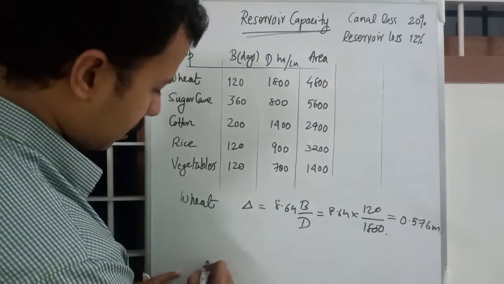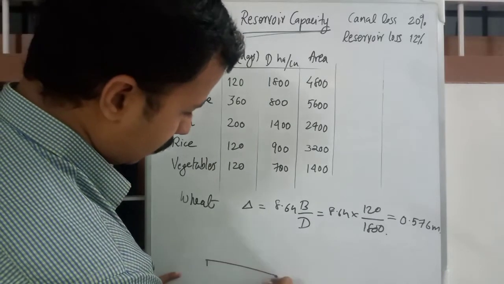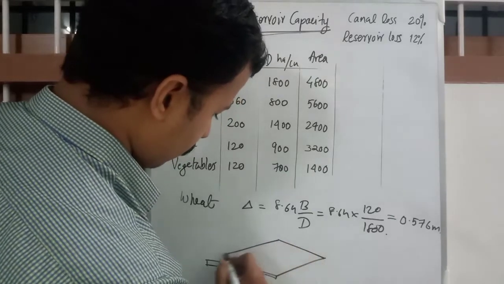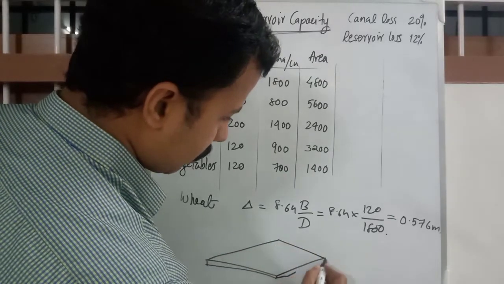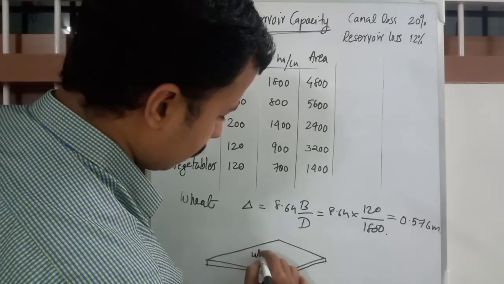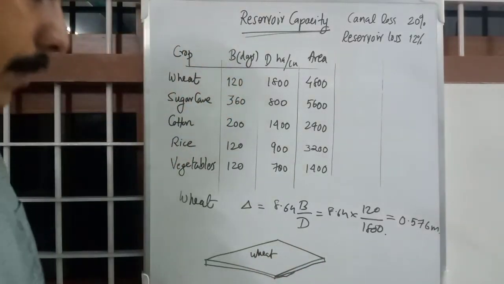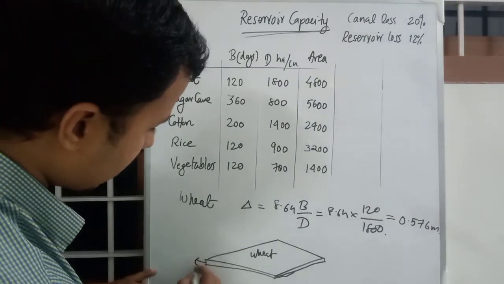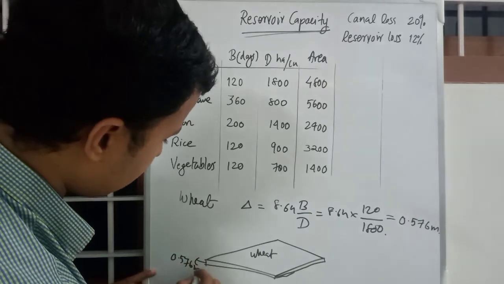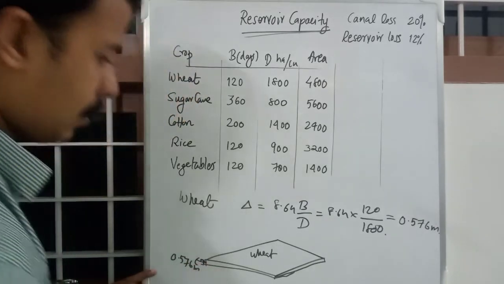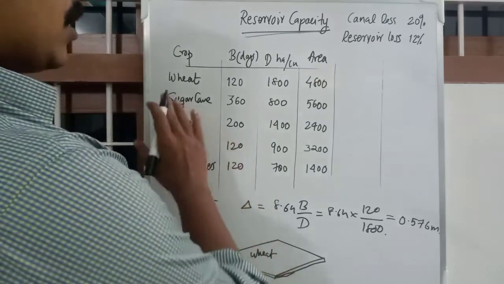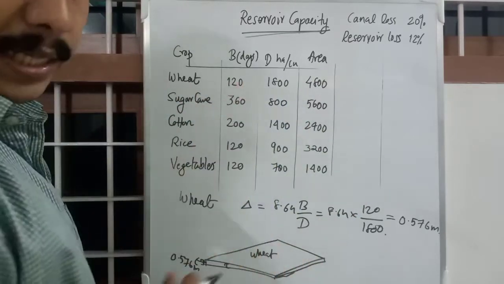The visualization is like this. If this is an area where wheat is cultivated, this much depth, that is 0.576 meter, is only required to cultivate wheat for its whole base period, that is 120 days.